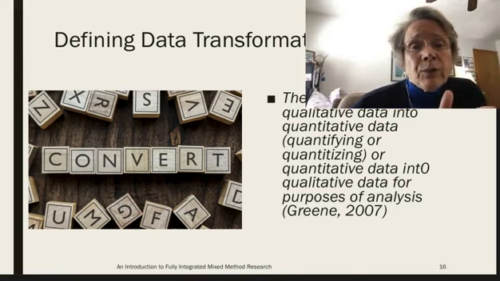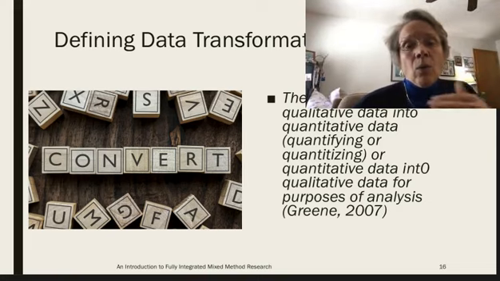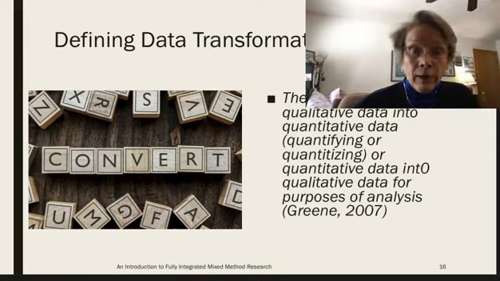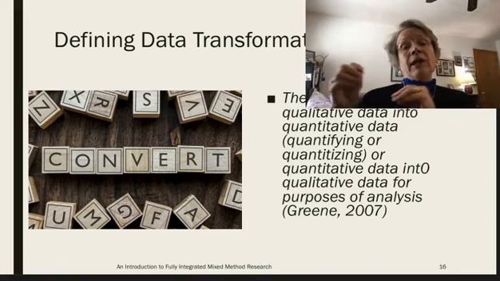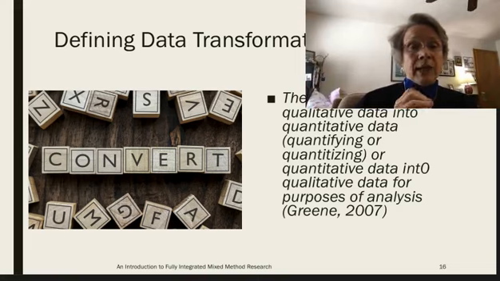So data transformation includes two words with lots of syllables, quantitizing and qualitizing. It's either converting qualitative data into quantitative data, or much more rarely, quantitative data into qualitative data. And those are both sort of exciting developments.